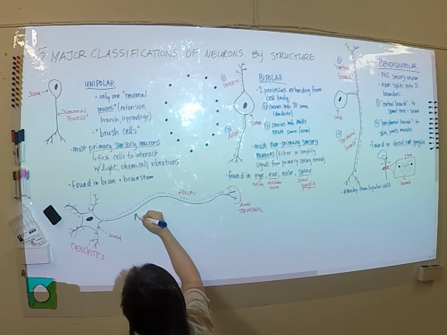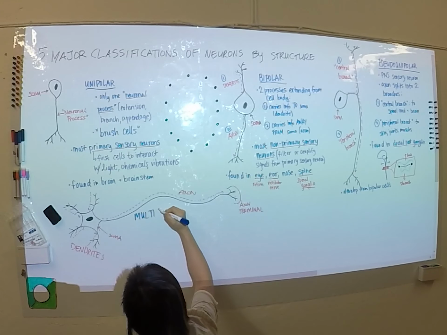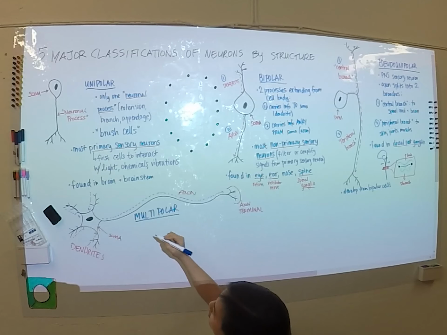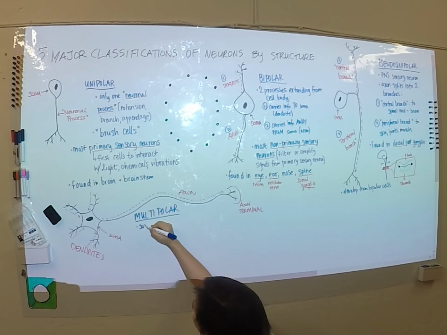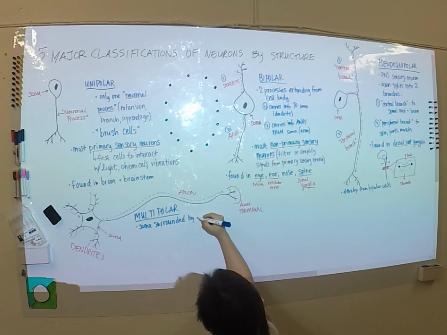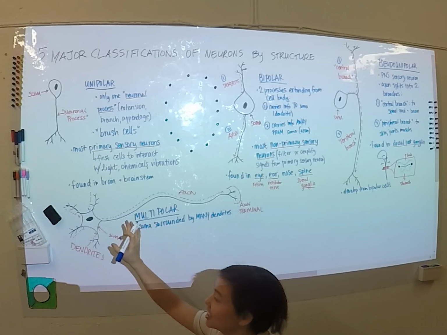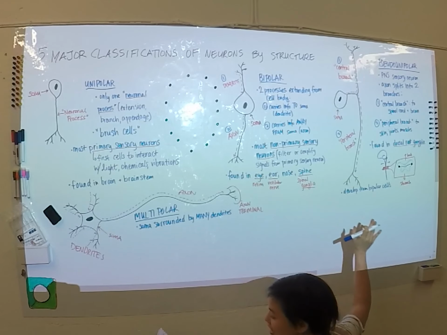Okay, so multipolar. All right, so these cells have a soma surrounded by many dendrites. Okay? And these are small and very branching as compared to the axon, which is very, very long.